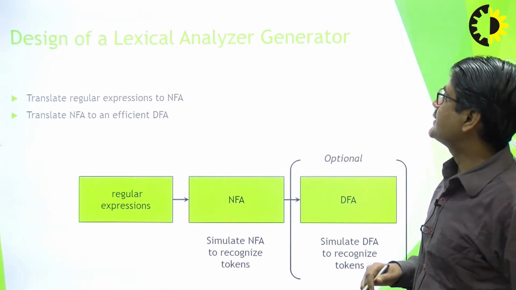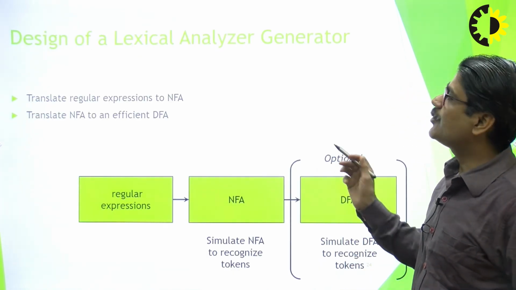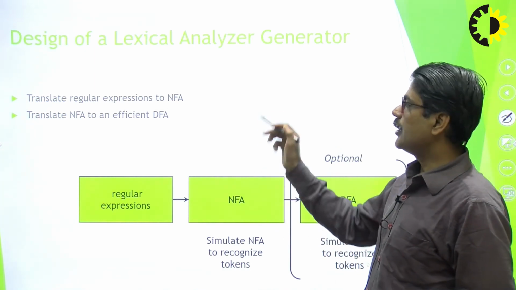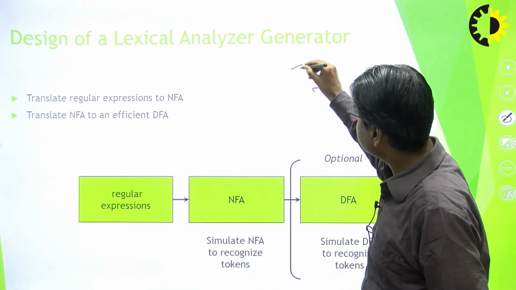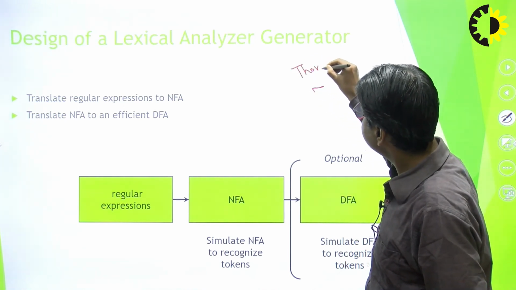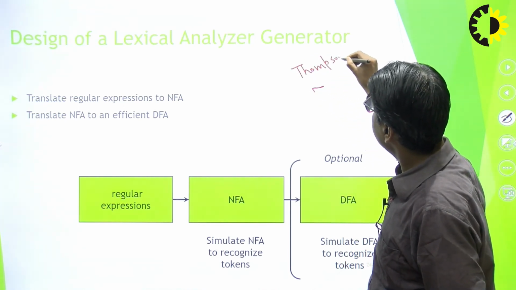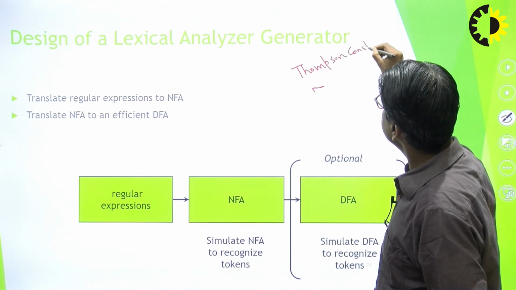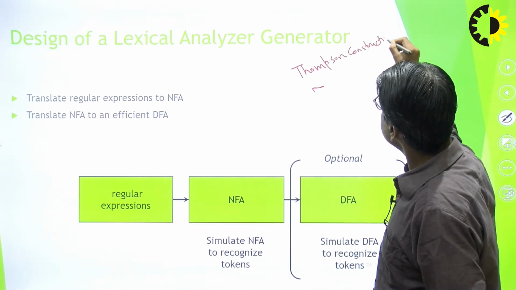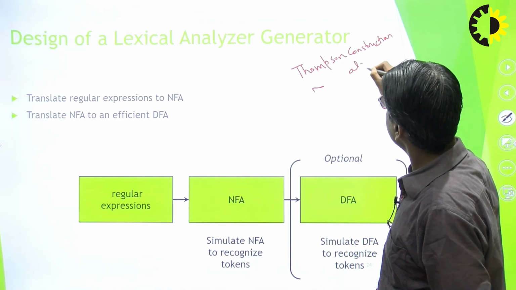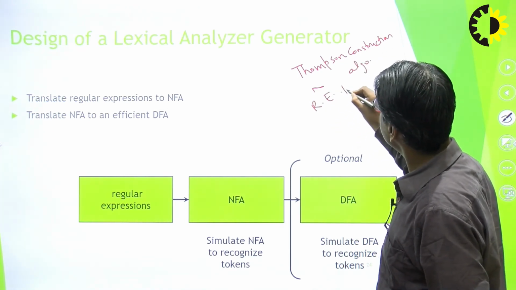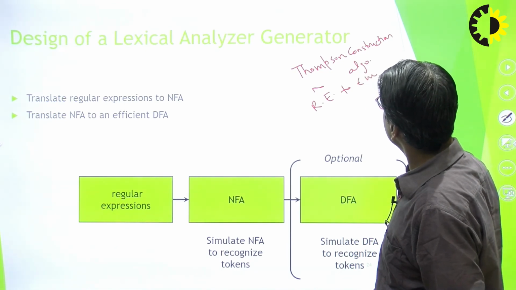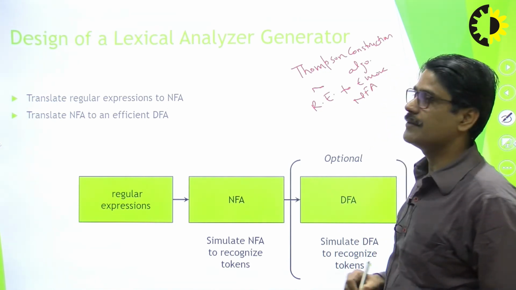Now the design of a lexical analyzer generator. There are 2 parts. Firstly, a regular expression has to be taken. Then we have to apply the Thompson construction algorithm, which converts a regular expression to an epsilon-move NFA, or NFA with epsilon moves.